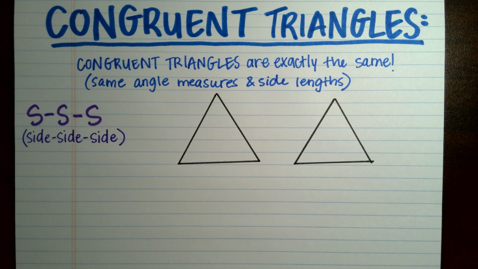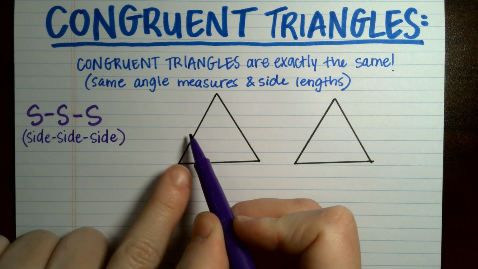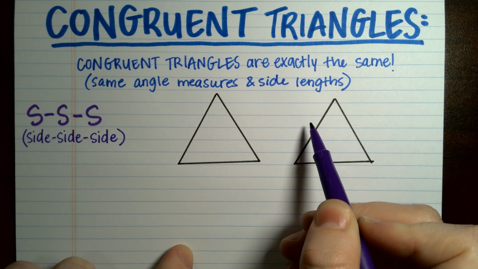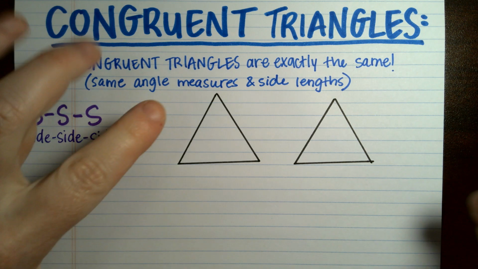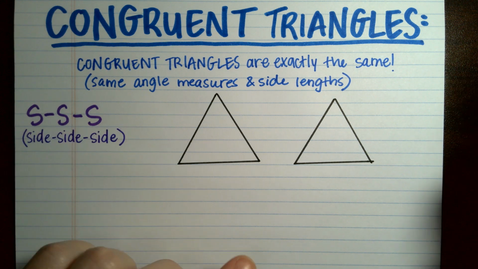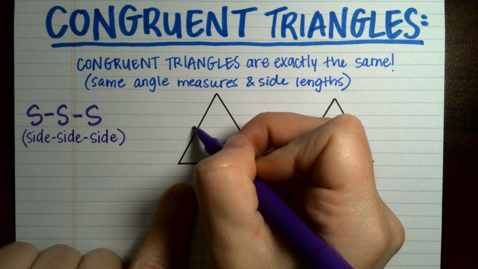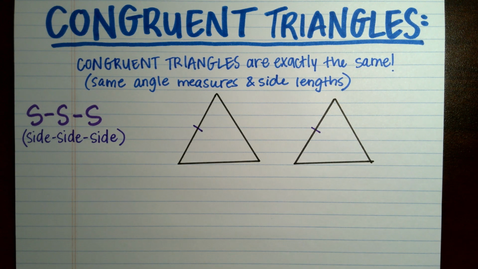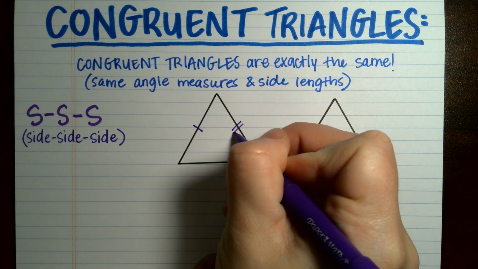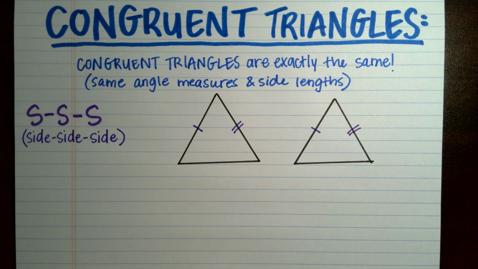Okay. So whenever each corresponding side is marked with the same number of tick marks, that means that they are congruent, they're equal to each other. So I'm going to put one tick mark here on both of these. Then I'll do 2 on the next side.